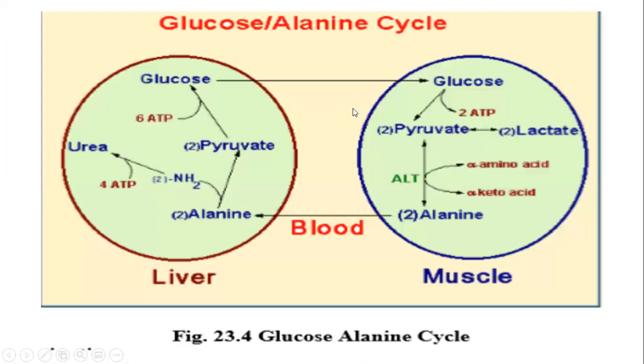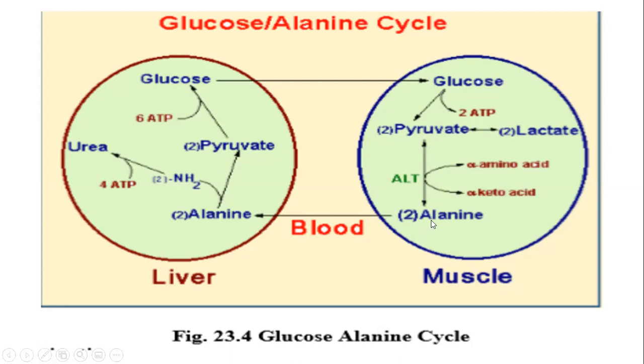Here you can see glucose enters muscle, and as usual, it undergoes glycolysis and is converted into 2 molecules of pyruvate, producing 2 molecules of ATP. Now this pyruvate, in the presence of an alpha amino acid, is converted into alanine, producing an alpha keto acid, which will enter the TCA cycle.